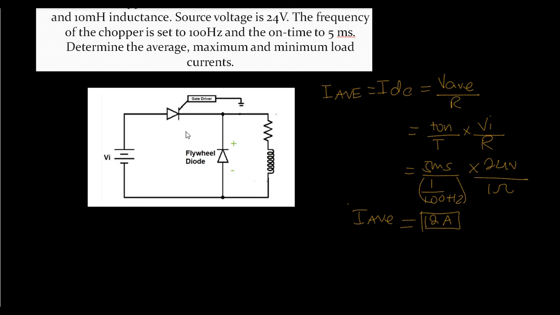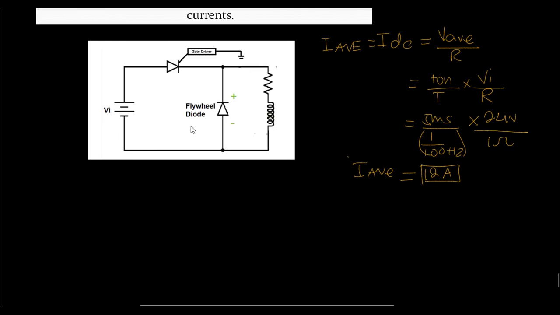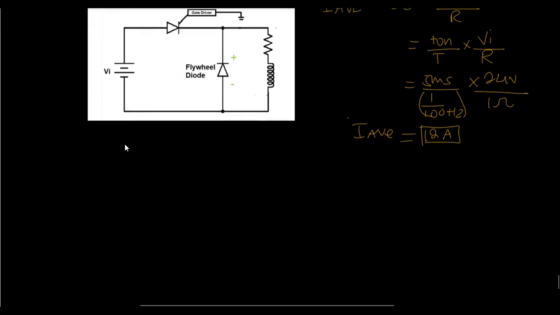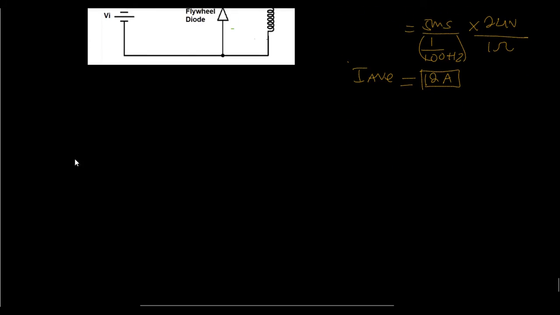Okay, next, the maximum and minimum load currents. This one involves a little circuit analysis. So, what we need here, obviously, is the current function equation. Let's start with the on time, or the current during the on period.